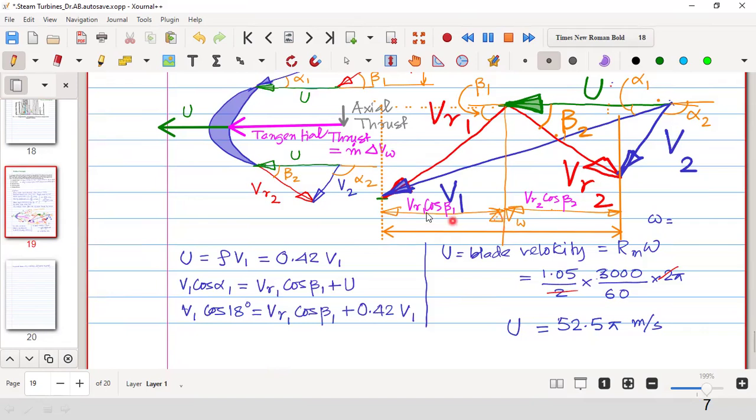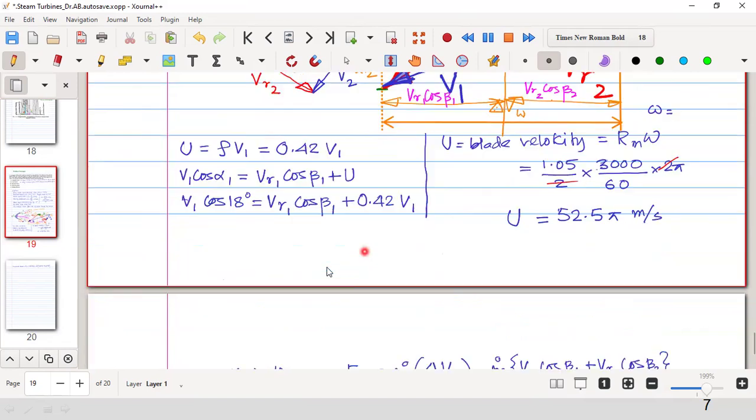VW1 and VW2, they are actually different. VW1 and VW2 in terms of the component of V1. Okay. VW1 and VW2 are the components of V1 along the tangential direction.